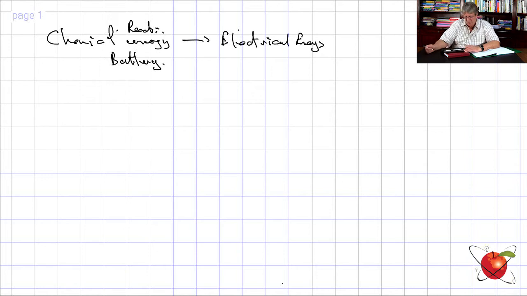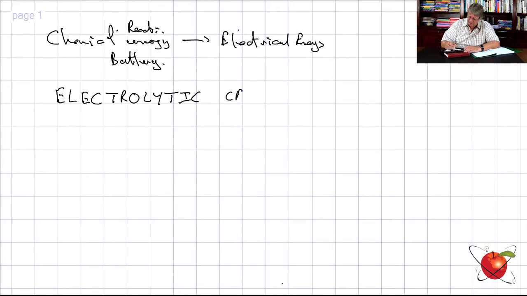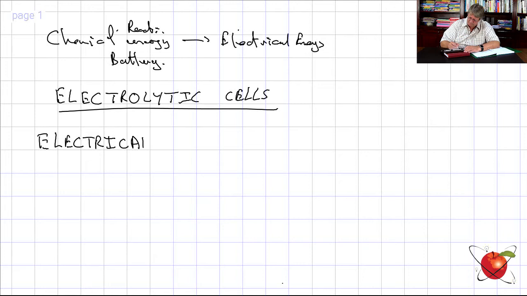Now, what we're going to do is talk about electrochemistry again, but we're now going to be talking about electrolytic cells. We are going to take electrical energy and use it in chemicals.